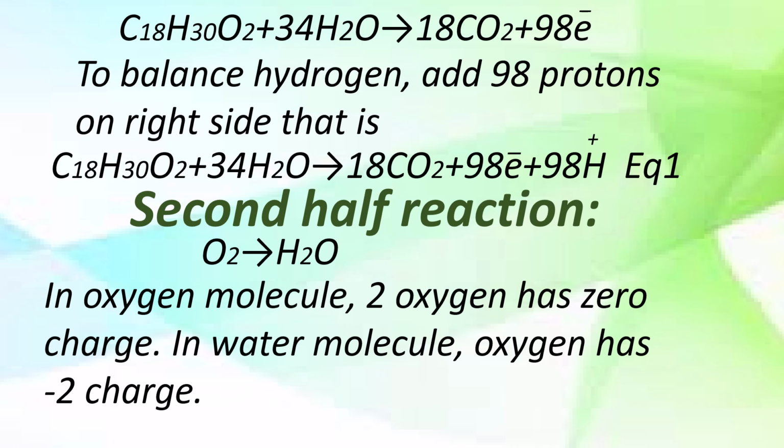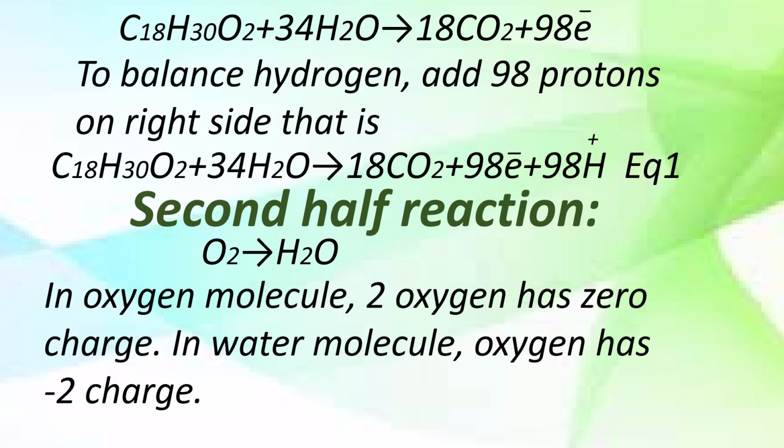That is linolenic acid plus 34 H2O gives us 18 carbon dioxide plus 98 electrons plus 98 protons. This is equation 1. In this equation, carbon is balanced, 18 carbon, 18 carbon. Oxygen is balanced, hydrogen is balanced.